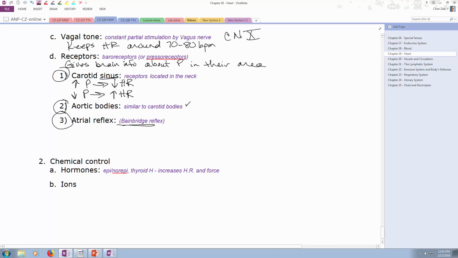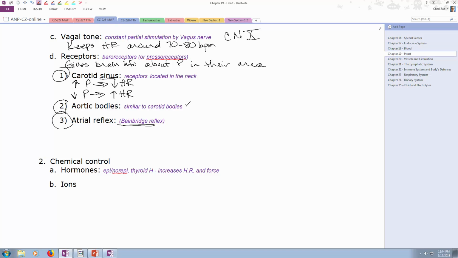So now let's talk about what we want to do if our atria are being over-distended. If our atria are being over-distended, is that a good thing? No, it's not. So we want the atria to, which is easier, to empty the atria or to stop the backup system? Empty the atria. And if you want to empty the atria, what will you do to the heart rate?